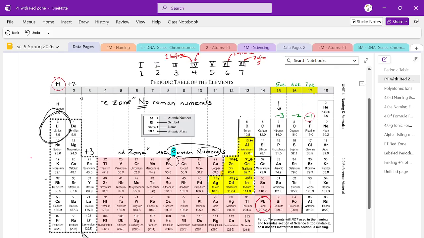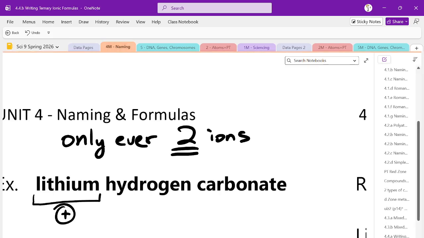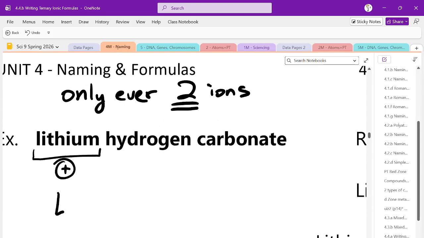So it's a metal and it's +1. Li plus. Do you remember how when we had a polyatomic ion, we just grouped everything together?